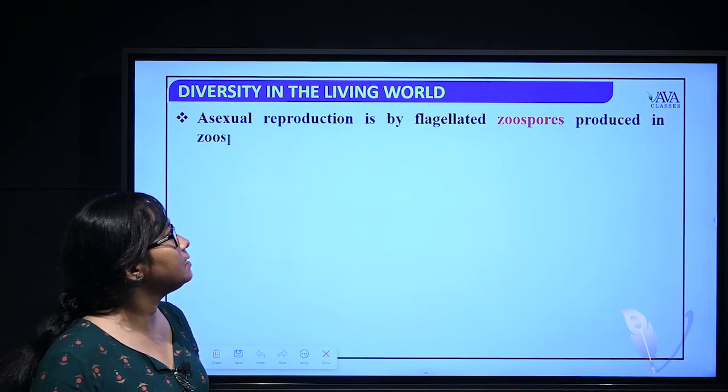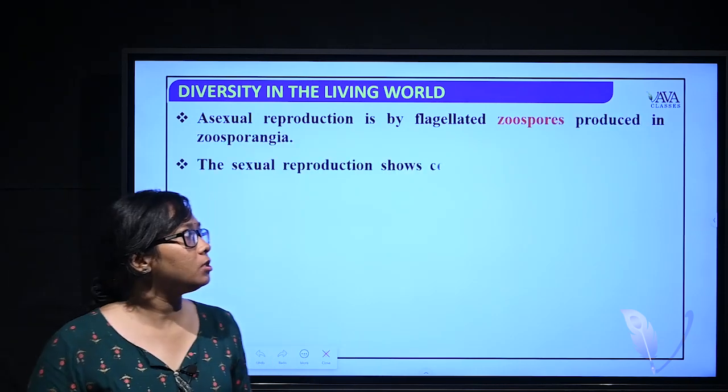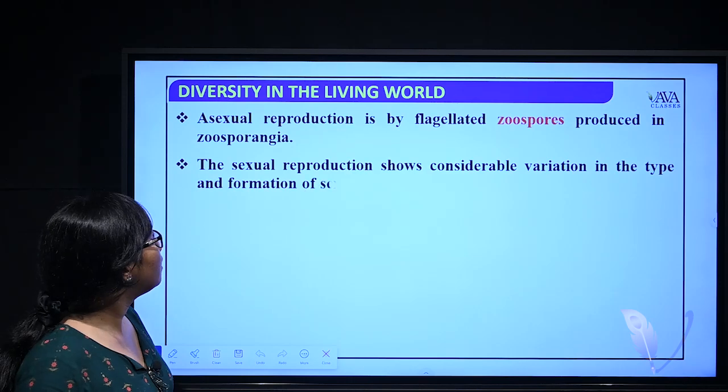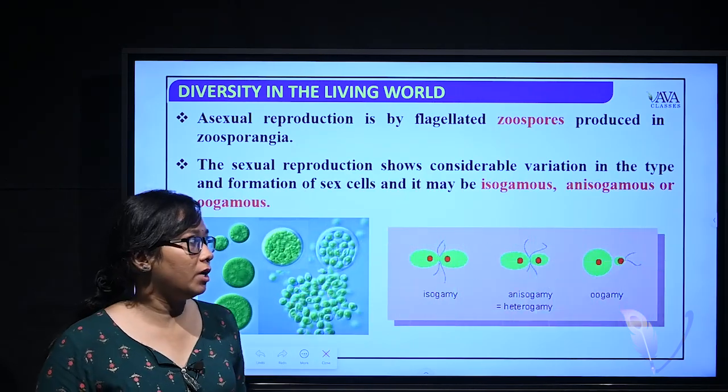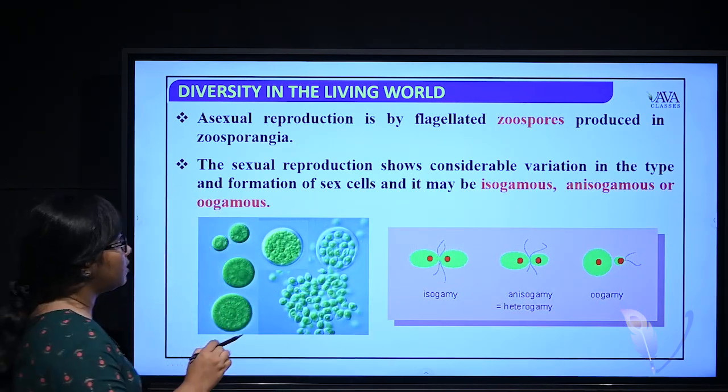Asexual reproduction is by flagellated zoospores produced in zoosporangia. Then it is given your sexual reproduction process. Okay, let's look into this.